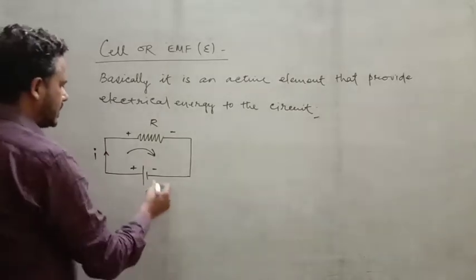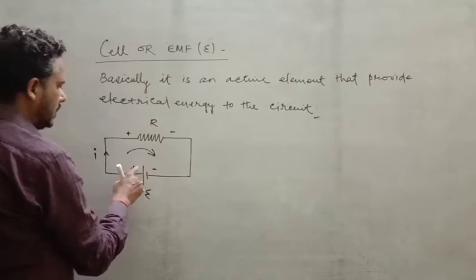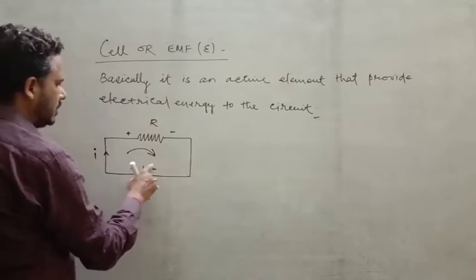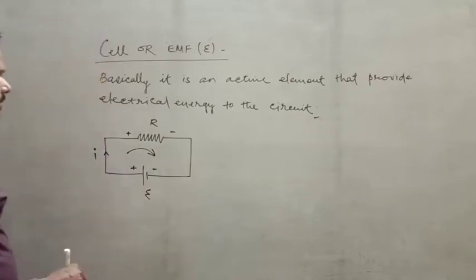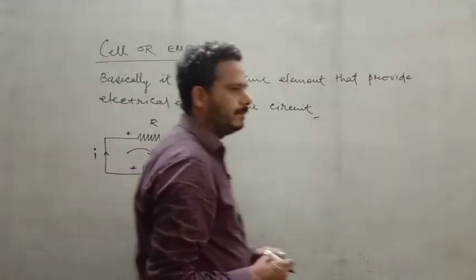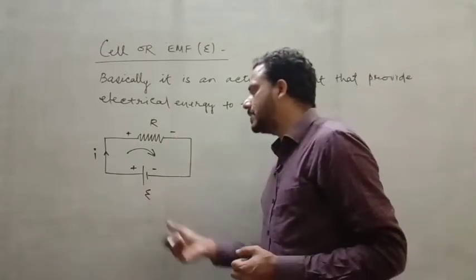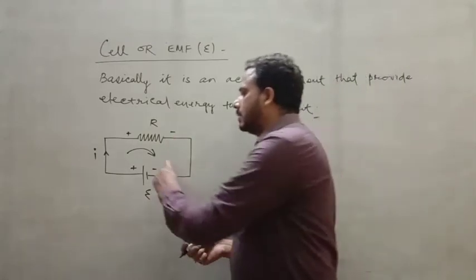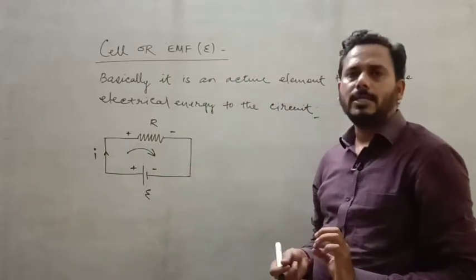In the same way you can say that the positive terminal is its higher potential and this one is its lower potential. Alright, therefore when you connect this simple circuit with this EMF, current I will flow automatically in this circuit diagram.